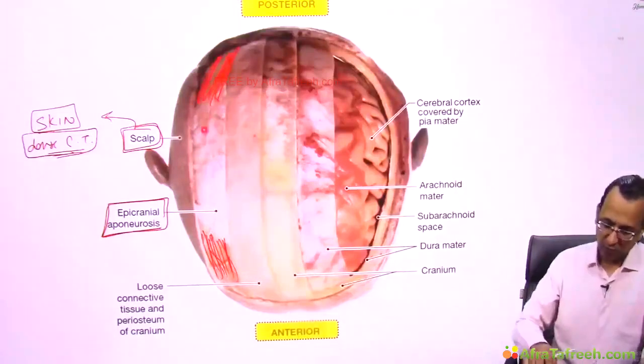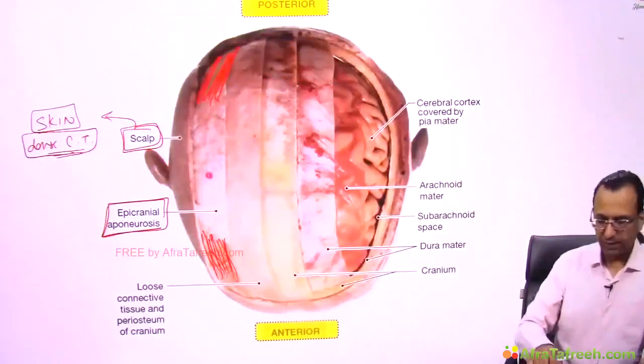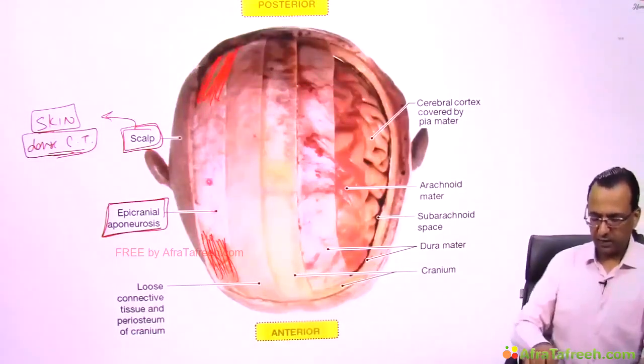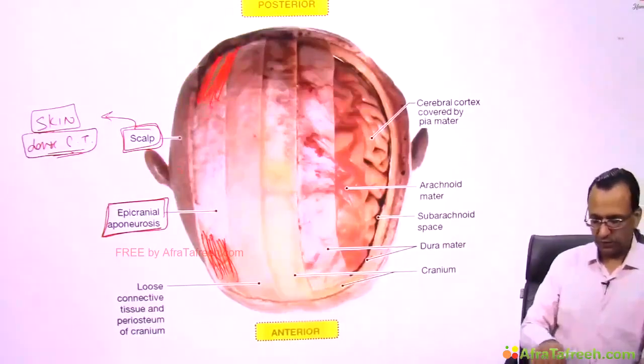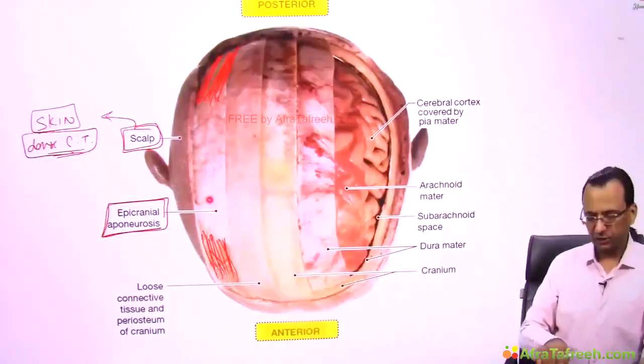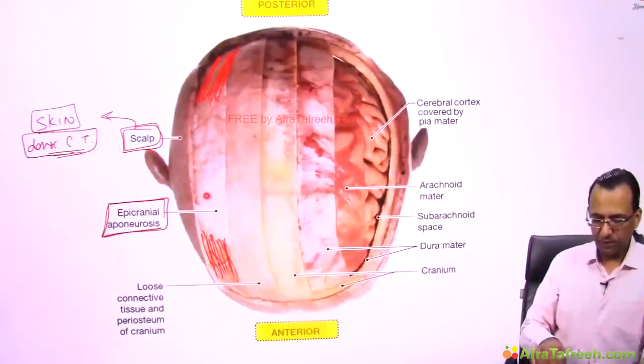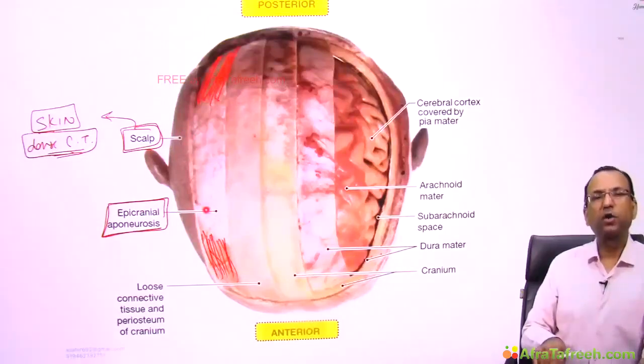And this is the fronto-occipitalis aponeurosis, the flat tendon. So there is skin, below that dense connective tissue, then the aponeurosis. Together, these are the true scalp.